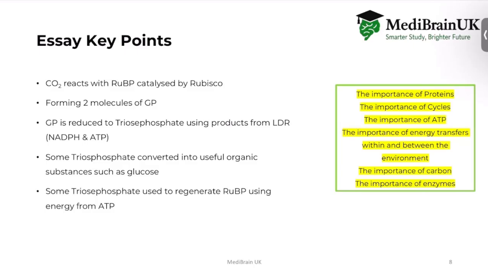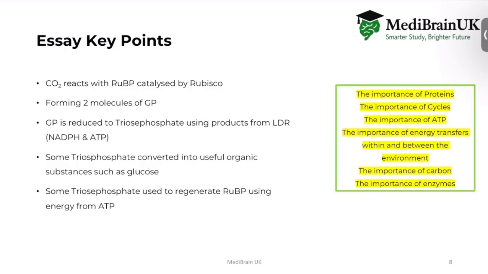Questions from essays that you can be asked: the importance of proteins, the importance of cycles, the importance of ATP, the importance of energy transfers within and between the environment, the importance of carbon, the importance of enzymes. All of these questions, you can include this model answer because proteins, we've got Rubisco. Rubisco is an enzyme, and enzymes are proteins.